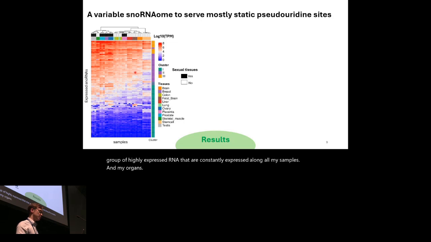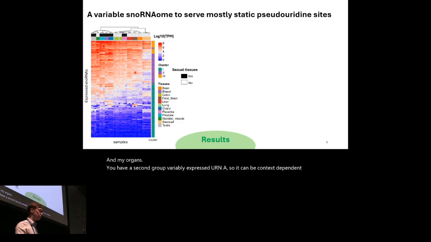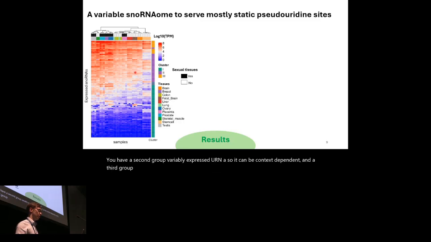You have a second group of variably expressed RNAs, so it can be context dependent, and a third group with lower expression in general. And this expression also has an interesting tendency, because you can see that snoRNAs might be more expressed in sexual tissue compared to non-sexual tissue.